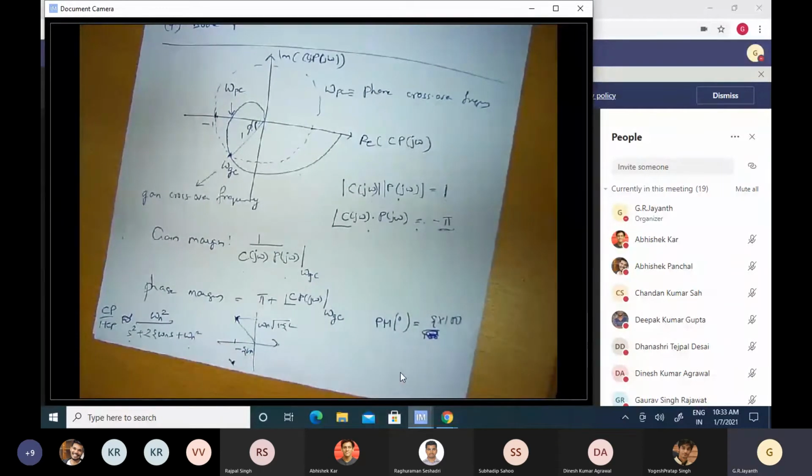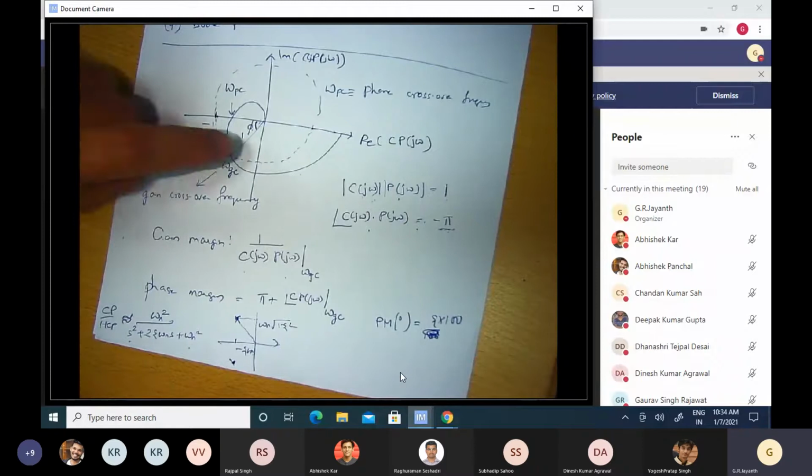So in other words, if my damping factor zeta is 0.4, my phase margin is going to be roughly equal to 40 degrees. So if I want my closed loop system to exhibit dynamics roughly of a second order system with damping of 0.4, then my open loop system needs to have a phase margin of about 40 degrees.